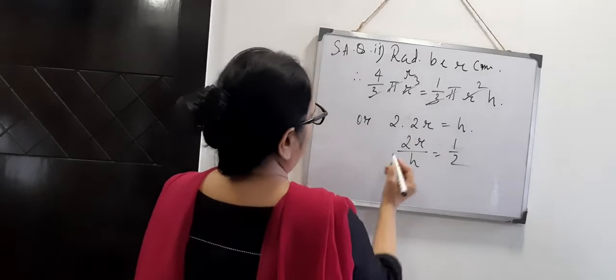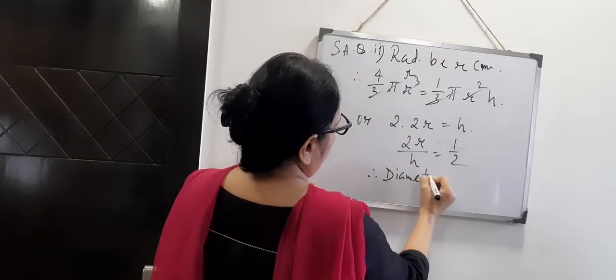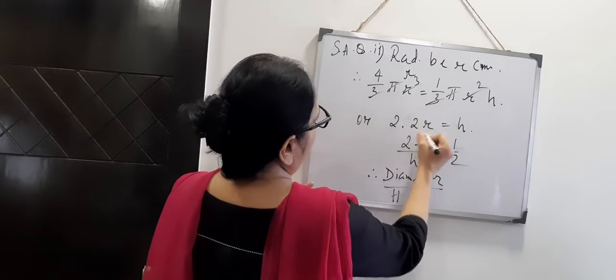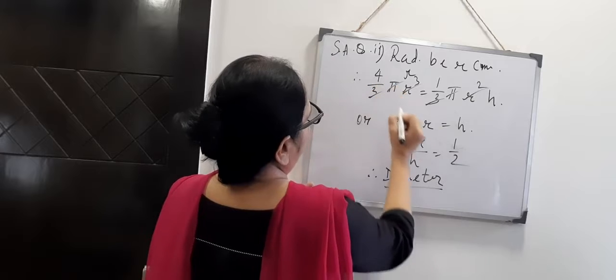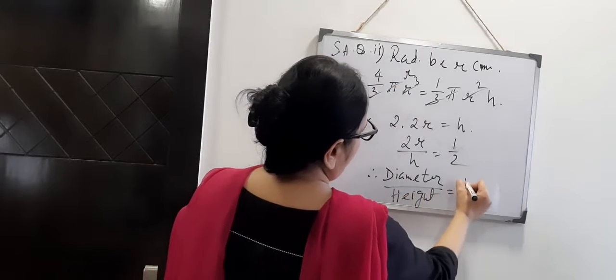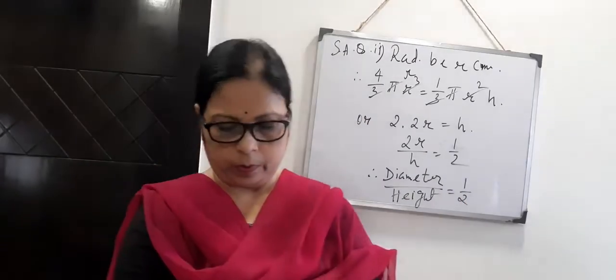So 2r means diameter, and h is height. That's why in the form of 2r I write. And the ratio equals 1 by 2, that means 1 is to 2.